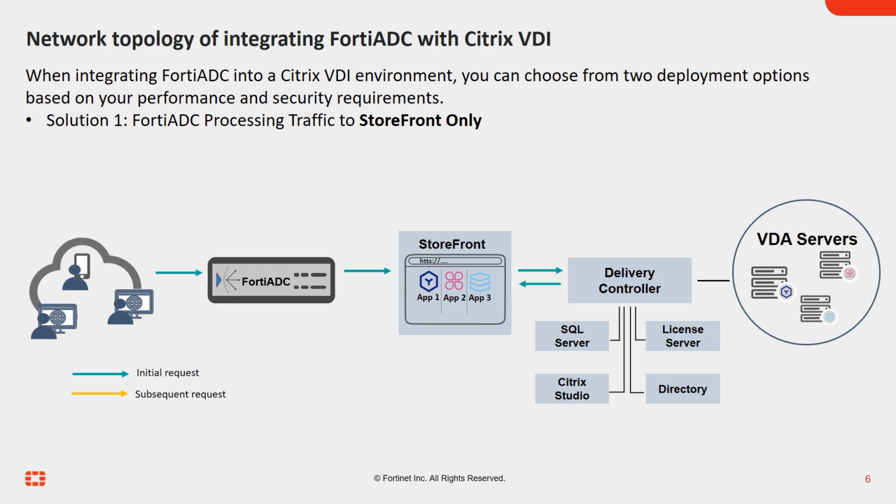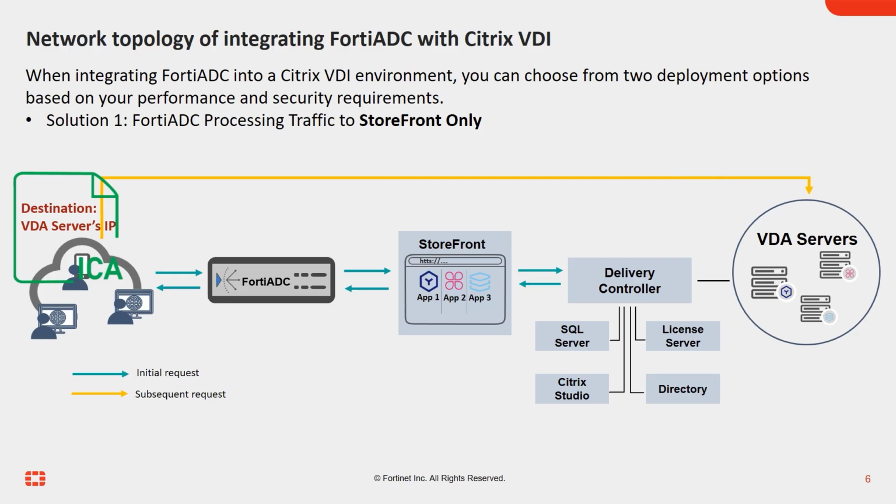FortiADC then forwards the traffic to the appropriate StoreFront server. FortiADC forwards the ICA file sent from the StoreFront to the client. The ICA file contains the connection details for a specific server. From that point on, FortiADC is no longer involved. The client uses the ICA file to establish a direct connection to the VDA server for session delivery.